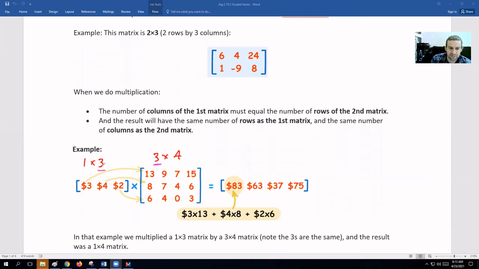And the way to write this out is nice because if these two numbers next to each other match, it's going to work out. Here's the other cool thing: the numbers at the end, the 1 and the 4, actually give you the dimensions of the answer. This is a 1 by 4 matrix here. So we can predict what our answer matrix is going to look like based off of the setup of the problem.